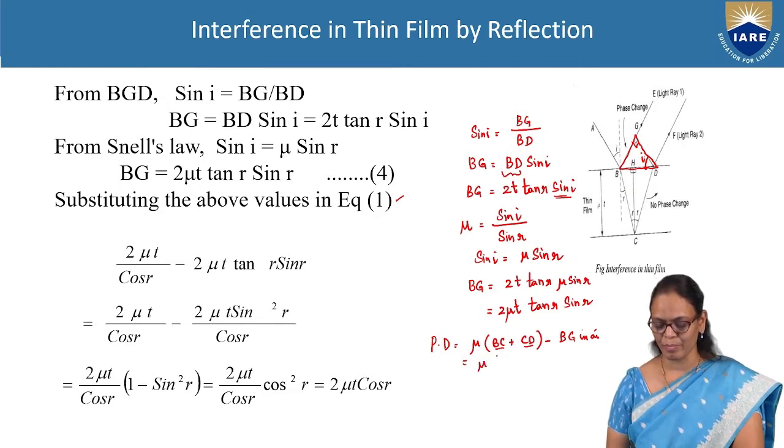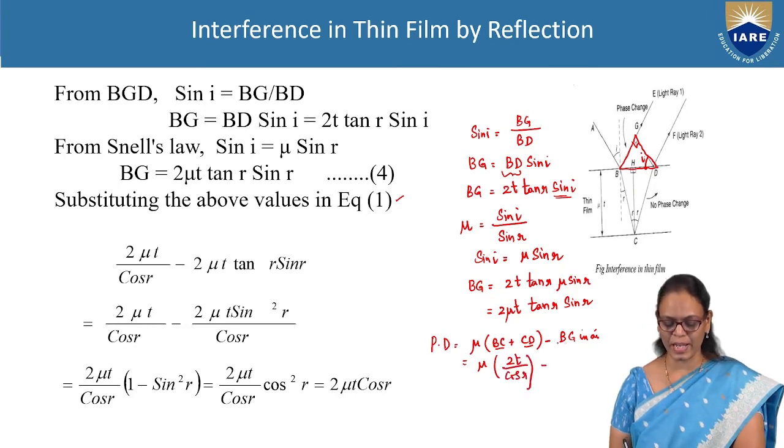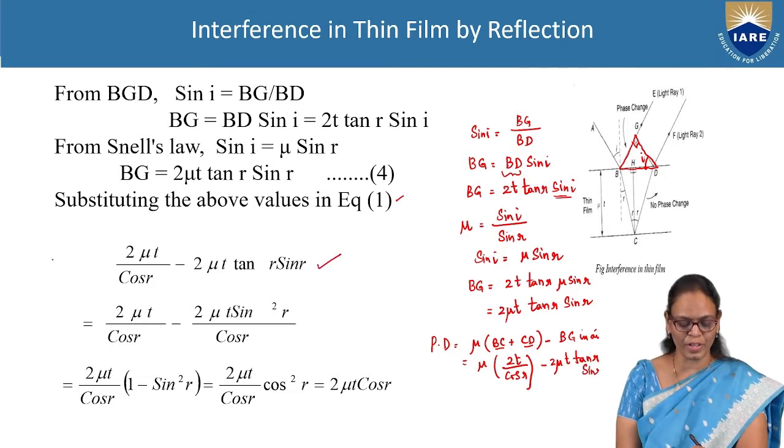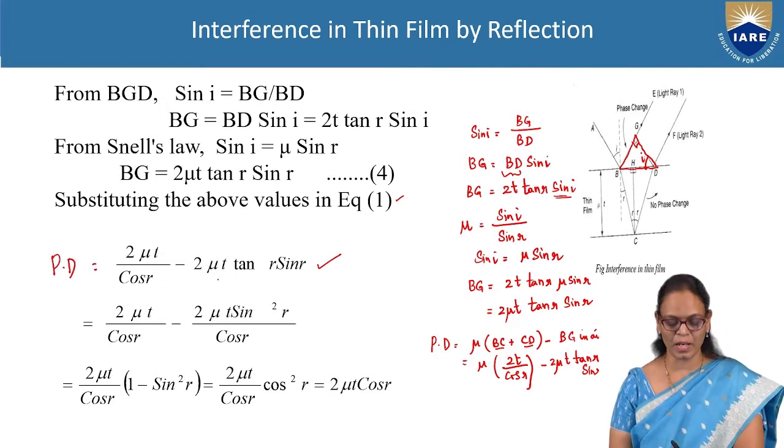So we get mu into 2t by cos r, and BG as 2 mu t tan r sin r. Substituting in equation 1, the path difference is 2 mu t by cos r minus 2 mu t tan r sin r.